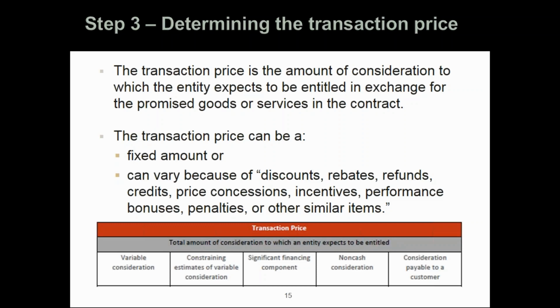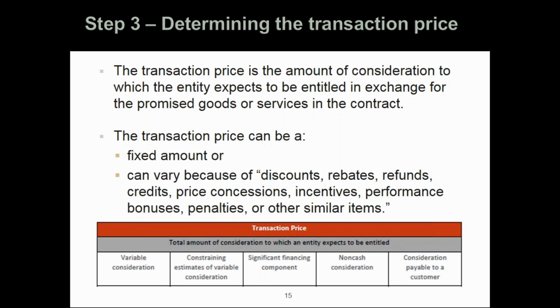So you may determine, and we'll look at some examples, that perhaps you're going to earn a performance bonus, but you're not able to conclude that a reversal of that revenue because you're going to miss the target isn't probable. So you may have to delay recognition of certain elements of revenue because of the probability of future reversal, and those are called constraining estimates of variable consideration.